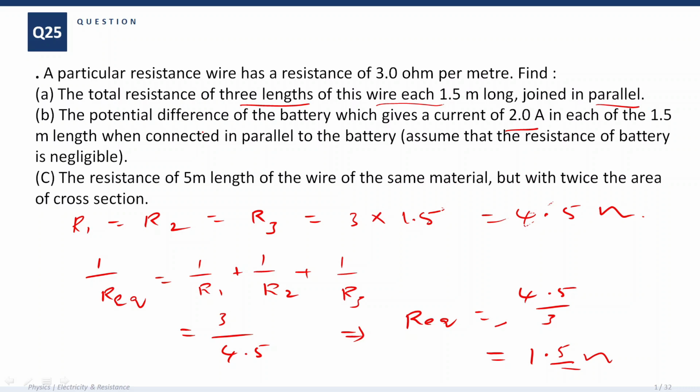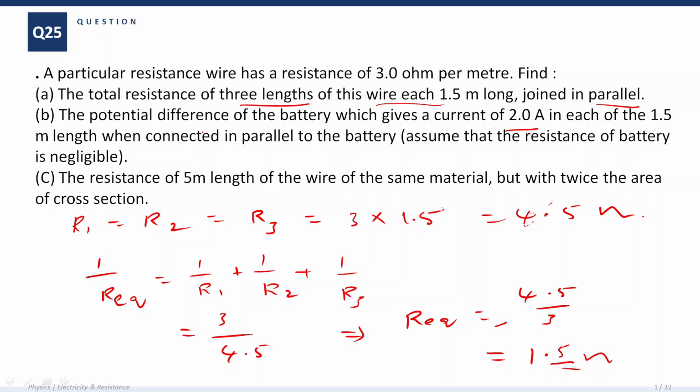The resistance is inversely proportional to the area of cross section. More area, less resistance. Less area, more resistance. In the question, the length of the wire is 5 meter, the same material, but the area is twice.